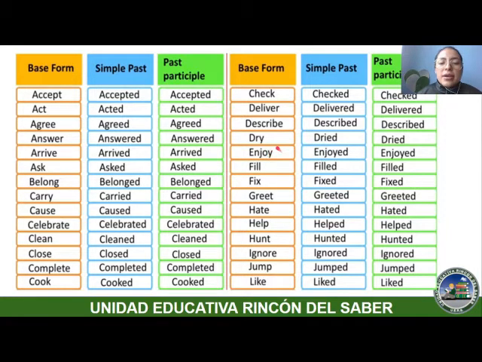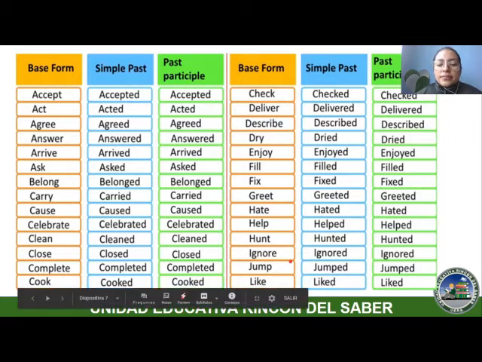Ok, no cambiamos la última letra, solo aumentamos ed. Excellent. Don't forget that because it's so important, my dear student. Ok, for example, ignore. Como la palabra ya termina en e, ¿qué pasa? Yes, we only have to add d in past and past participle.